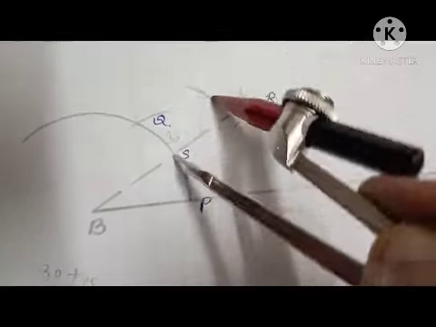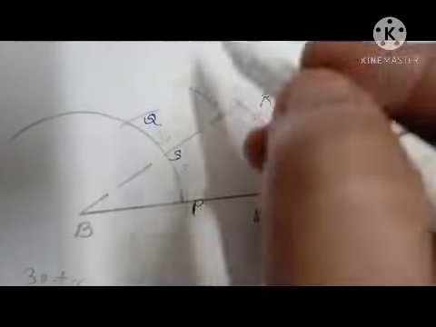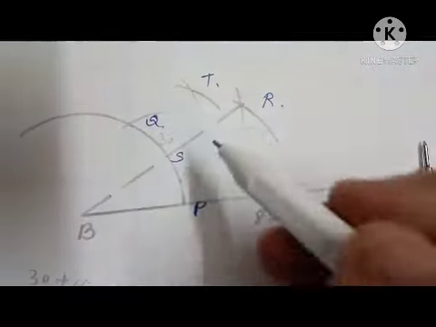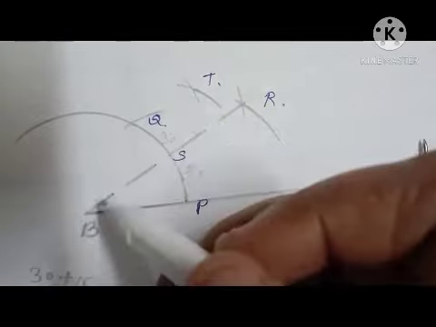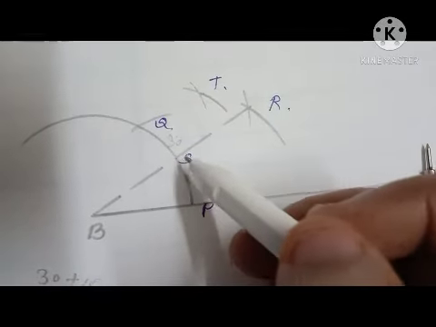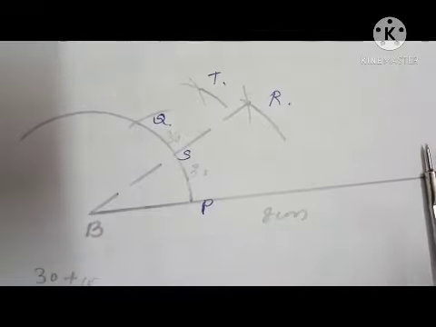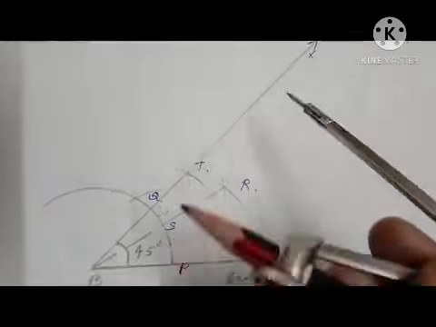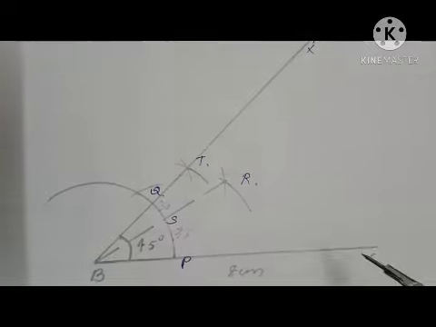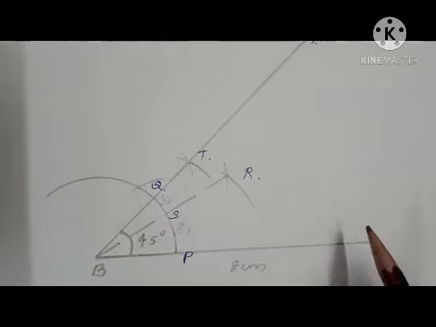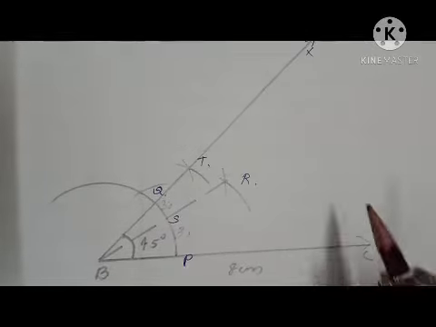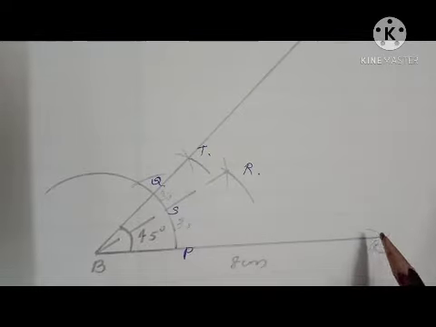Then we got another intersecting point, that is T. When we join this T and B, then we will get this 15 degree. Then this 30 degree plus this 15 degree together, it will be 45 degree. Angle XBC is 45 degree. Okay. Angle XBC is 45 degree.